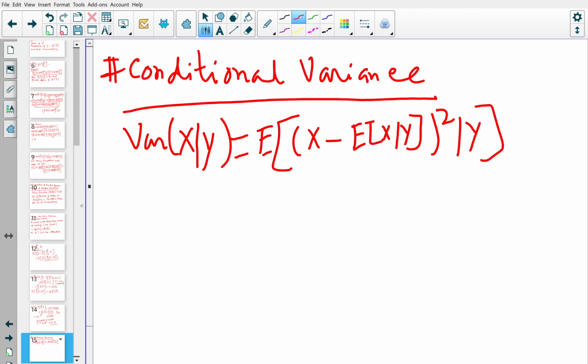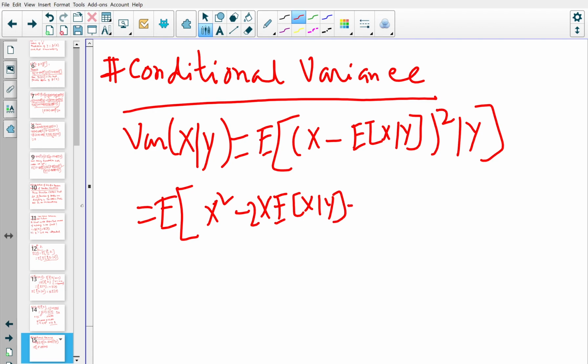And similarly, as for unconditional variance, you can simplify this thing, and if you simplify, this will be nothing but x square minus 2 times x expectation of x given y plus the whole square of expectation of x given y. Okay, and the whole thing given y.